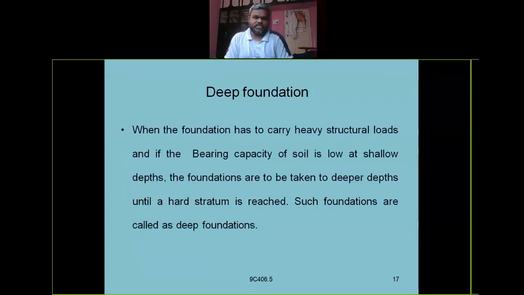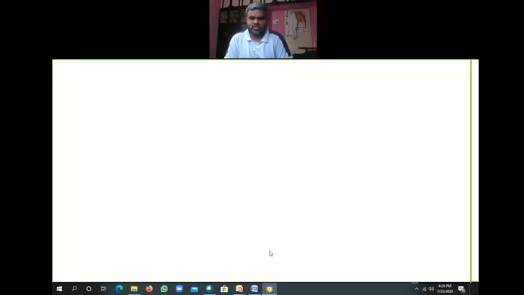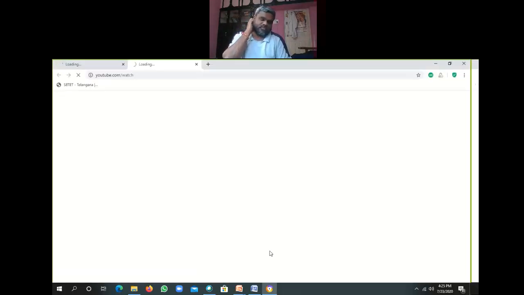Deep foundations. When the foundation has to carry heavy structural loads, deep foundation is recommended. Deep foundations are recommended in soft soils when the bearing capacity of the soil is very low. So we will go for deep foundations. Deep foundations are pile foundations, well foundations, grillage foundations, and under reamed piles.